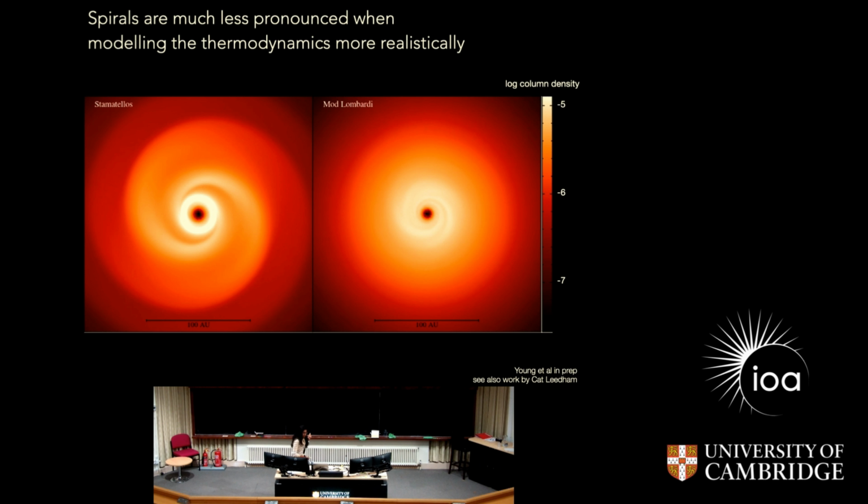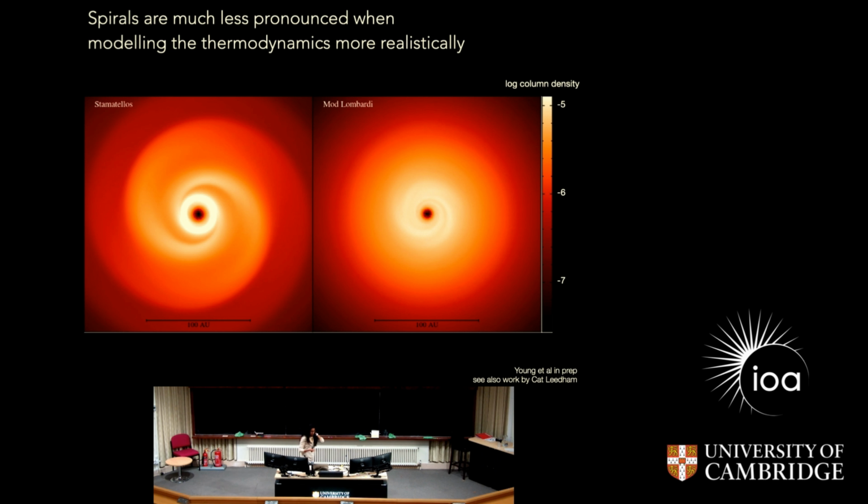Here is a really nice example from Alison Young, where in one implementation of the thermodynamics, which is what you see on the left-hand side, you see these spiral structures. What happens on the right-hand side is something different. This is meant to be more realistic, yet the spiral structures are much less pronounced.